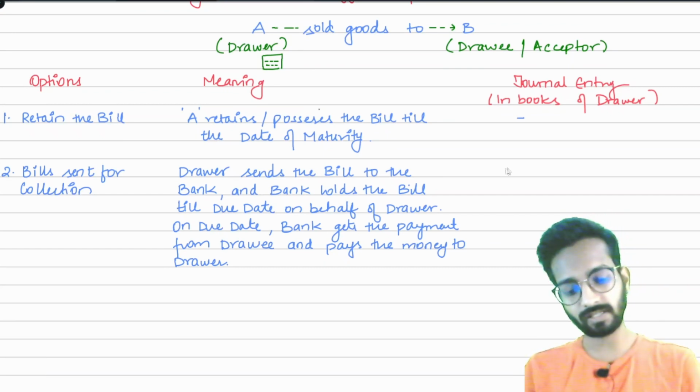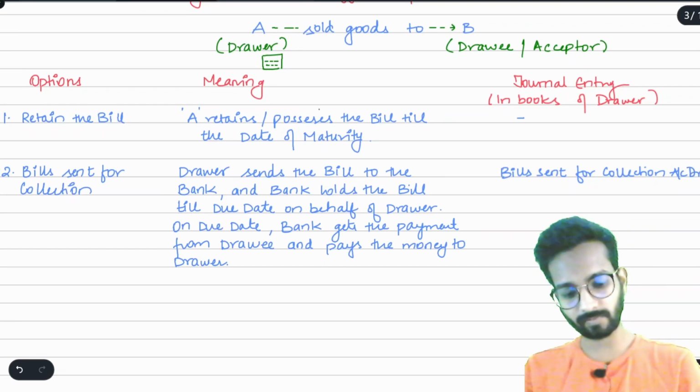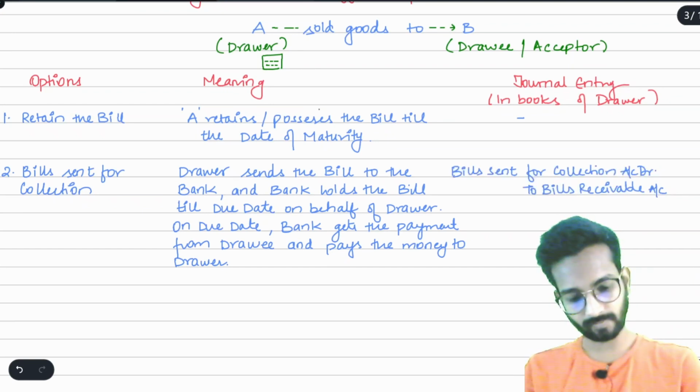It means I can say bills sent for collection account debit to bills receivable account. This will be our journal entry.